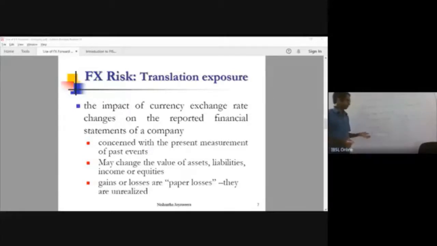In liabilities, you may show foreign borrowing equal to 180 million. Correct? You record your borrowing of $1 million as 180 million rupees as at 31st December 2019.